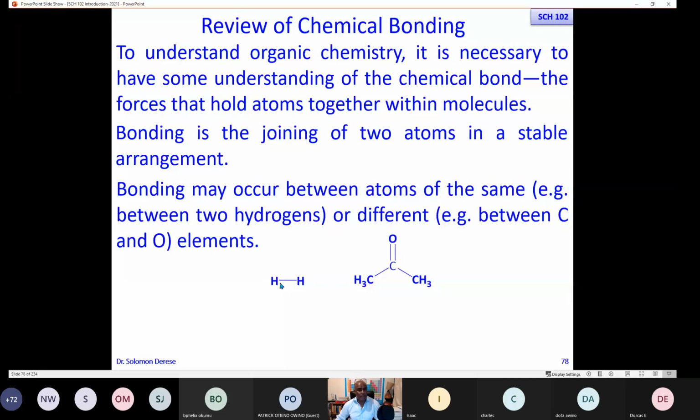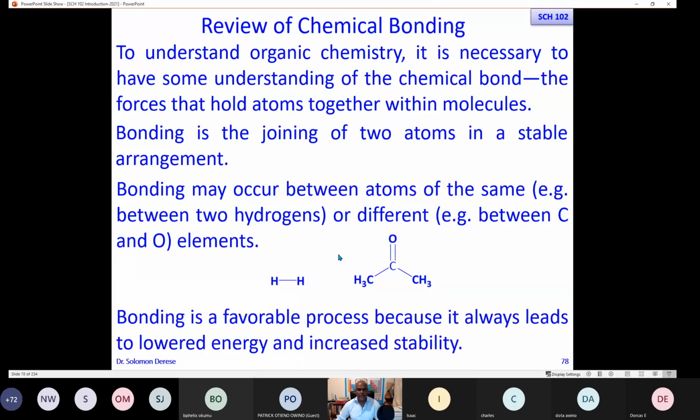You can have a chemical bond between identical atoms, as here between two hydrogen atoms, or between two different elements, like carbon and oxygen.